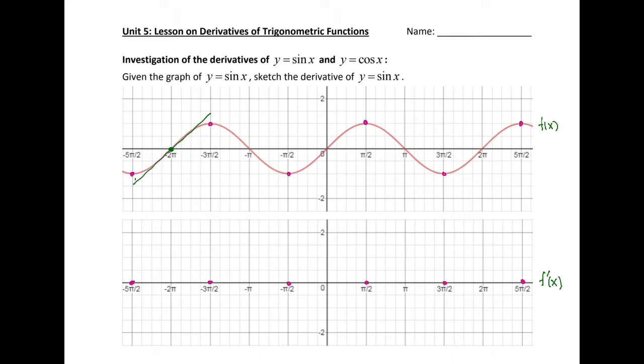Let's put the point here and draw a tangent line. After you draw the tangent line, you make a right triangle to find the rise over run, which gives the slope. Now let's calculate the rise and run. Our run is actually pi, and our rise is approximately 3. So rise over run is 3 over pi, which is almost 1.